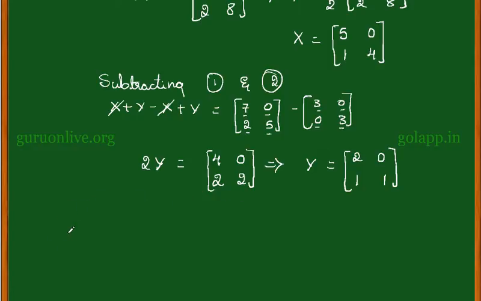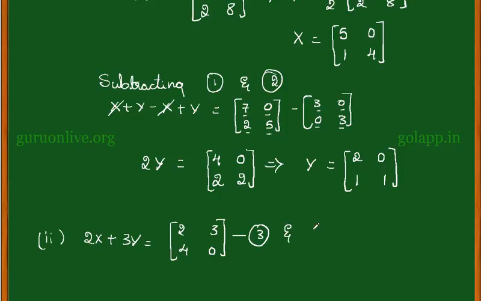Let me find the x and y values for the second sub-question, where 2x plus 3y is equal to the matrix 2, 4, 3, 0. I call this equation 3, and 3x plus 2y is equal to 2, minus 1, minus 2, 5.